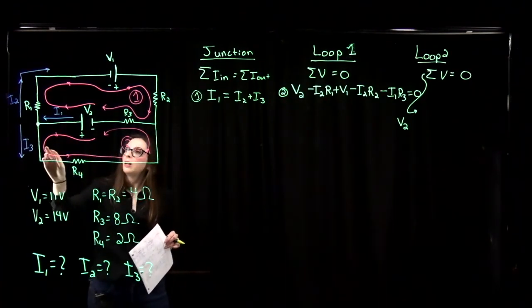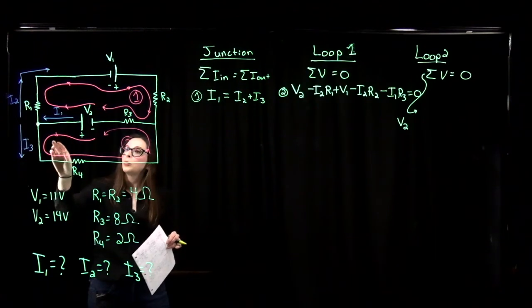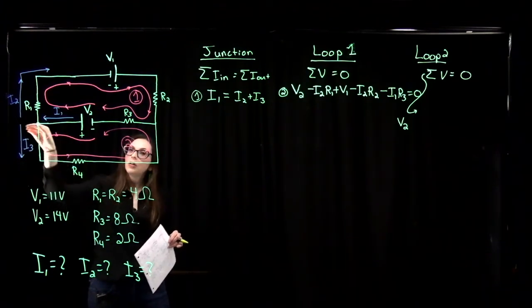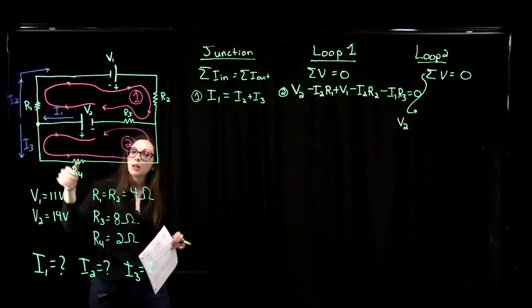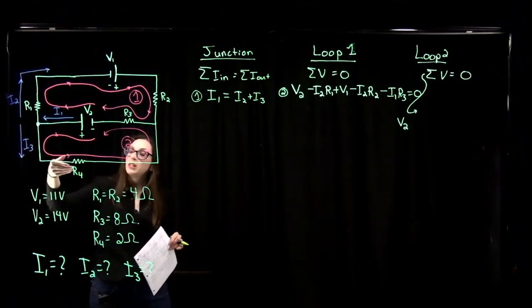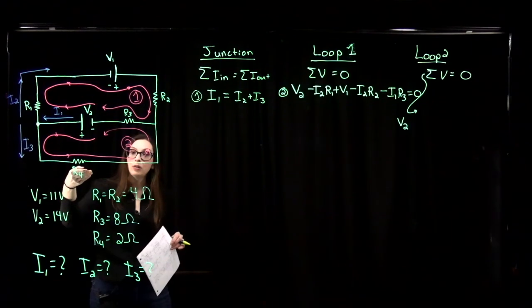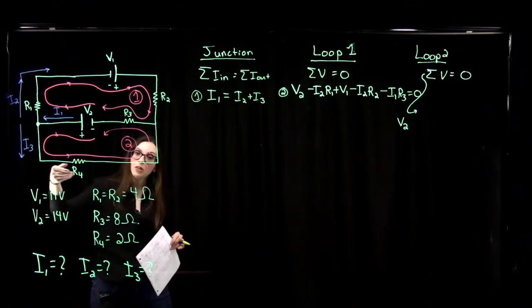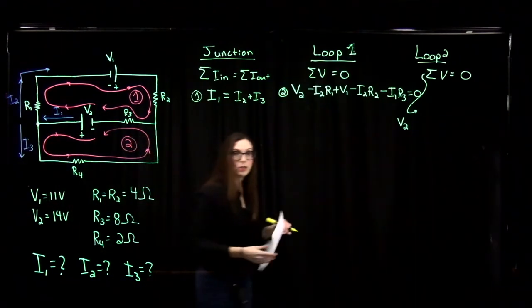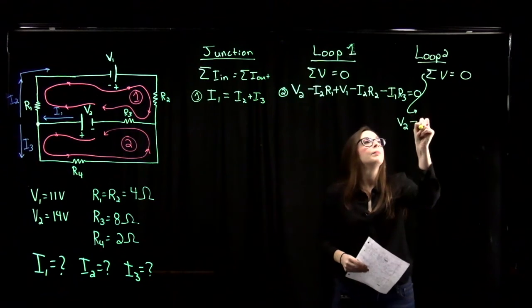I'm coming here through resistor R4. The current through R4 is what I'm calling current 3. So I'm decreasing my potential as I move through resistor 4 in the direction of current, so the potential here is going to be minus I3 R4.